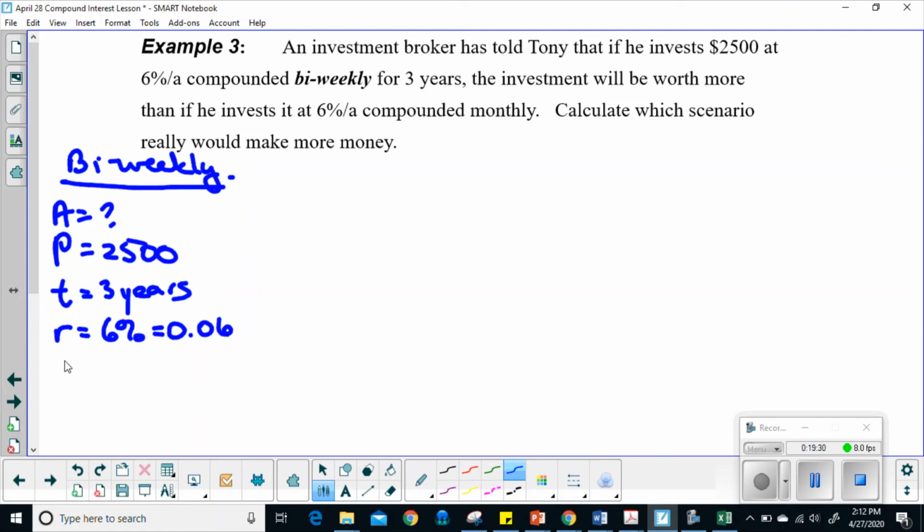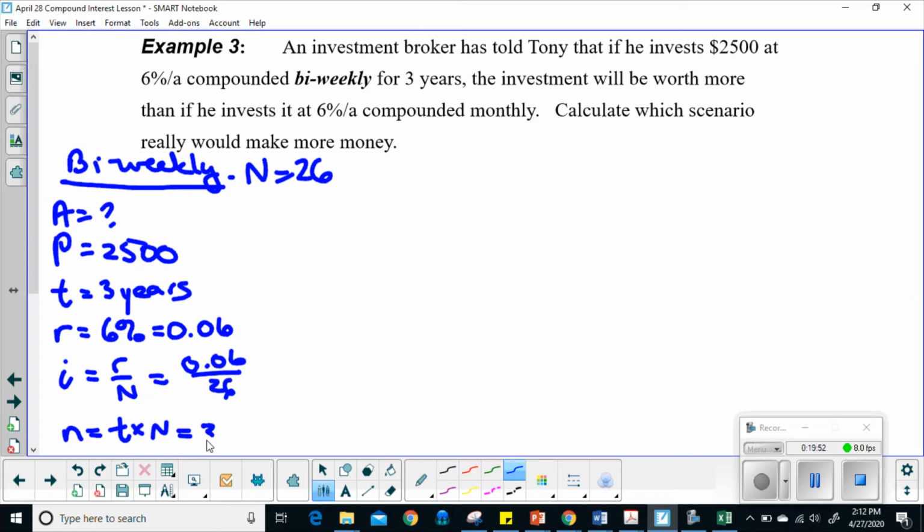The only difference is in my I, which is my R over N, and my little n, which is my time times N. When we're doing bi-weekly, it's going to happen 26 times in a year. So my I becomes 0.06 divided by 26, and my little n becomes 3 times 26, which is 78.